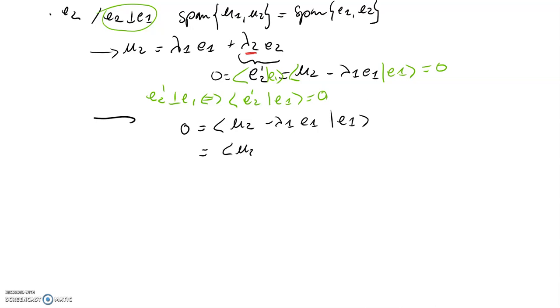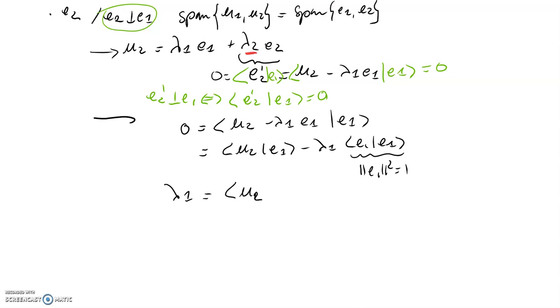So U2 E1 minus lambda 1 E1 E1. Good thing is that we made E1 to have norm 1. So that's norm of E1 squared. It's equal to 1. So what do I get? I get that lambda 1 is equal to the scalar product of U2 with E1.